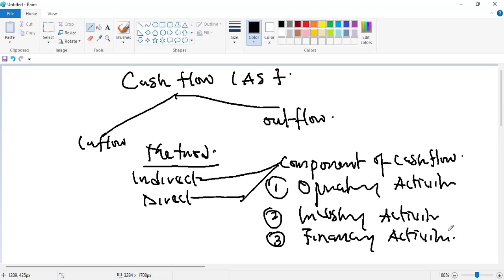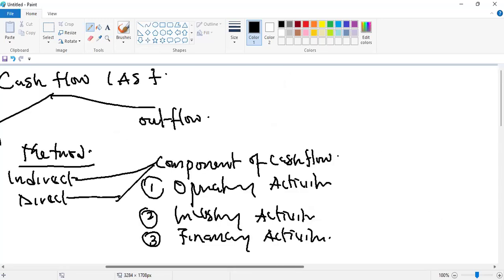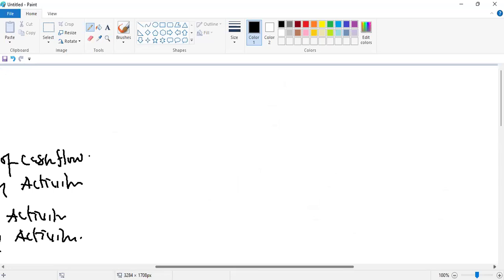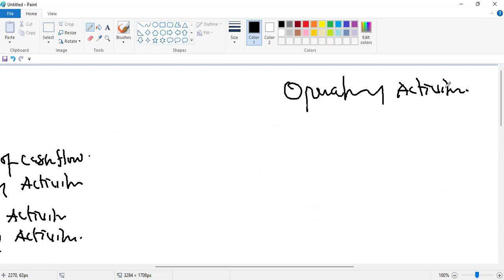So let's pick the activities one after the other. What is operating activities? Operating is from the word operation.